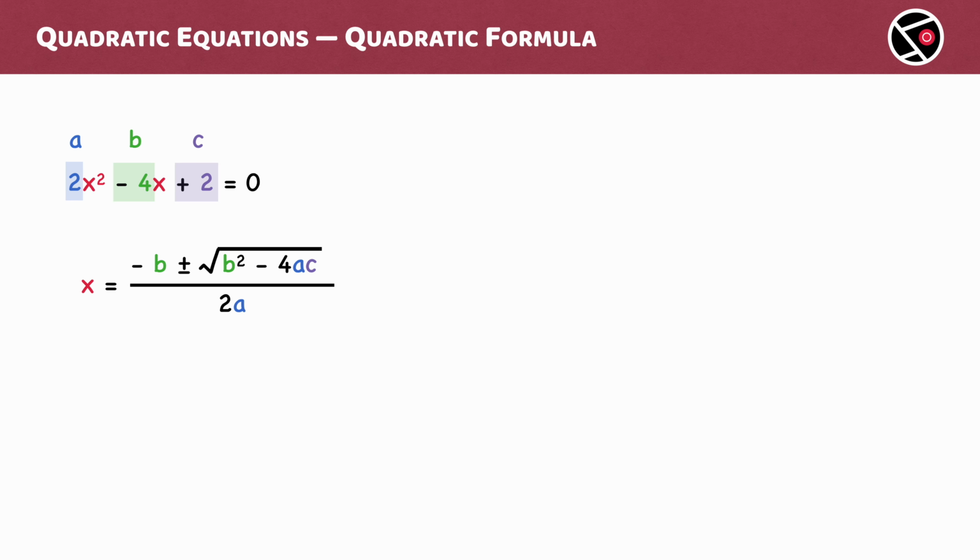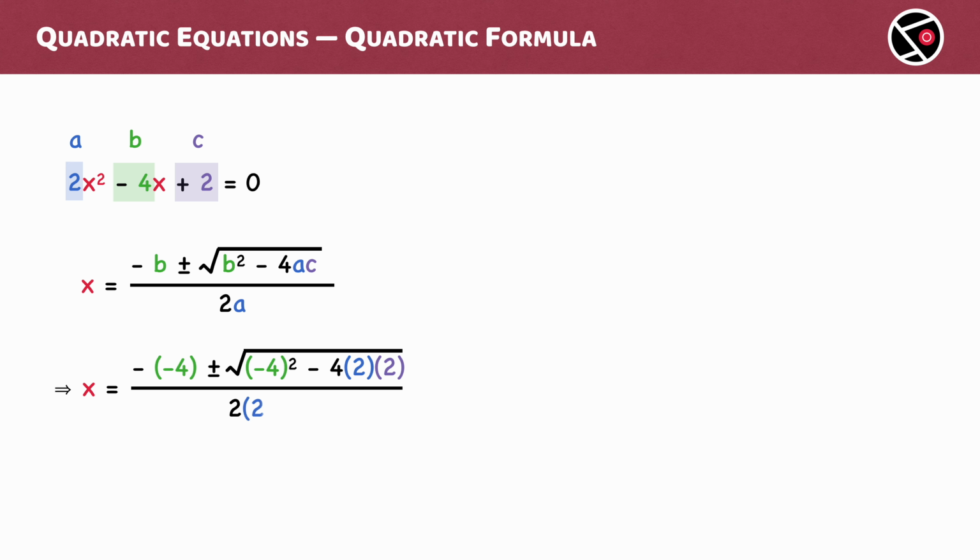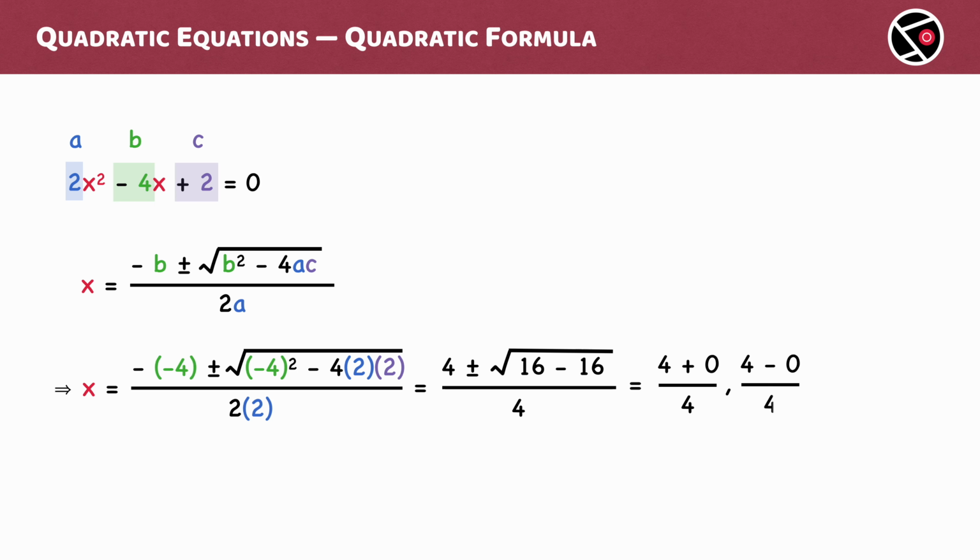Substituting the values of coefficients, we have 4 plus minus square root of 16 minus 16 over 4. We have 4 plus 0 over 4 and 4 minus 0 over 4. So, the two roots are 1 and 1. We have two equal roots for this equation.